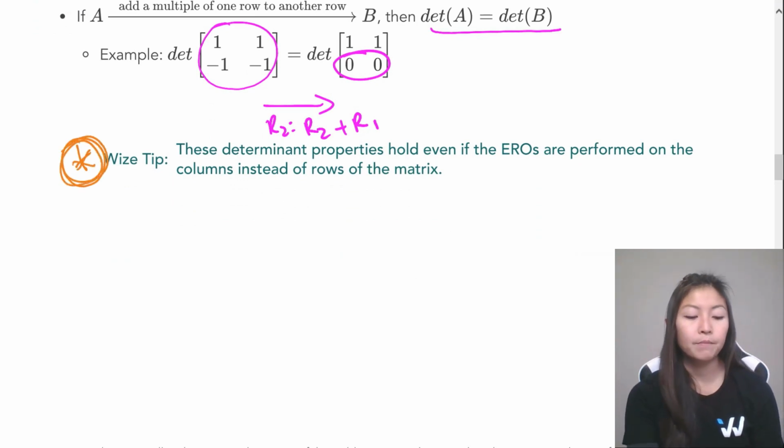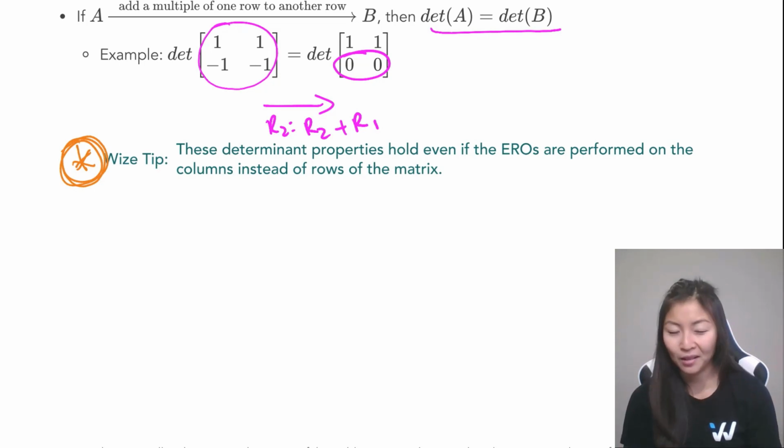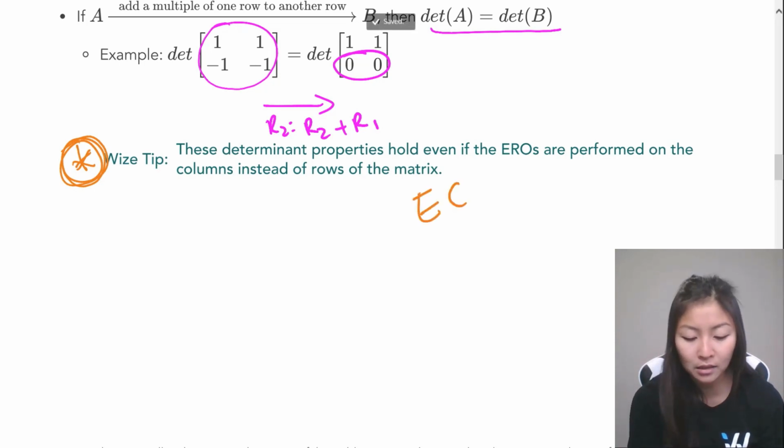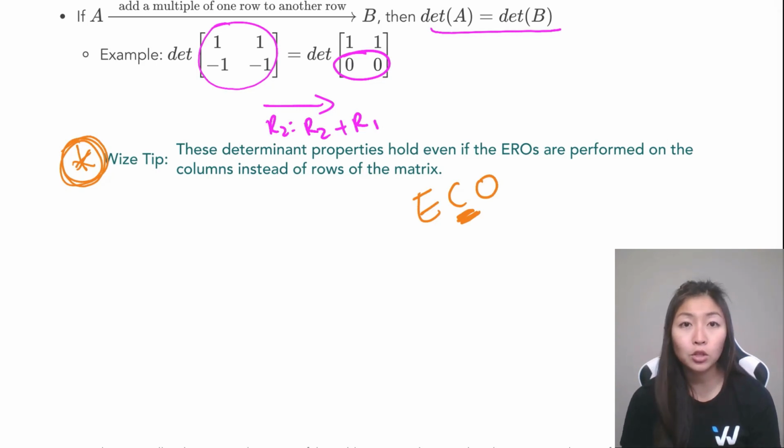This is the only time that EROs are actually ECOs as well, okay? What I mean by ECOs is they're not just elementary row operations, they are elementary column operations as well. So all three of these determinant properties hold even if the operations are performed on the columns instead of the rows.